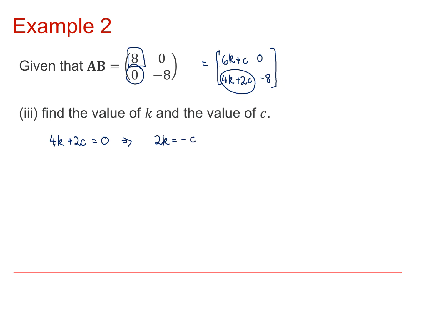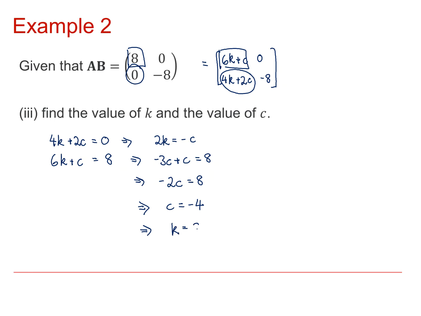If we look at these elements, we can see that 6k plus c is equal to 8. 2k is minus c, so 6k is minus 3c, plus c is equal to 8. So that means that minus 2c is equal to 8, and therefore c is equal to minus 4. That's equal to minus 2k, so k must be equal to 2.